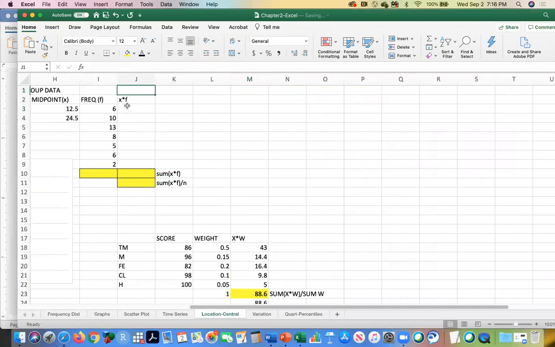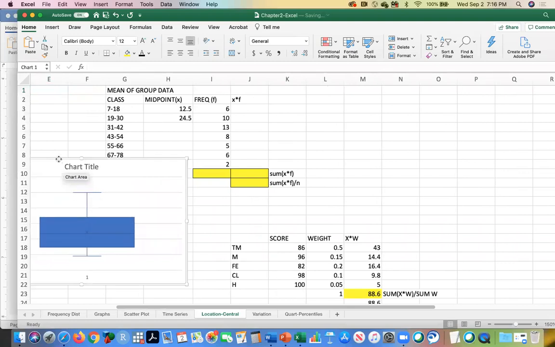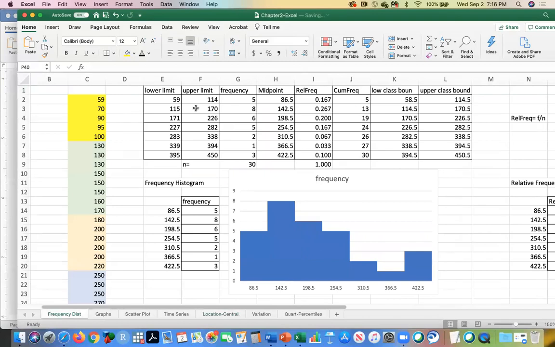So we can also find, if you remember our, let me read this. We also can find, you remember our frequency distribution table. We can find the mean value for this.